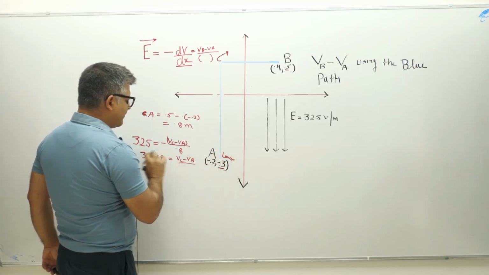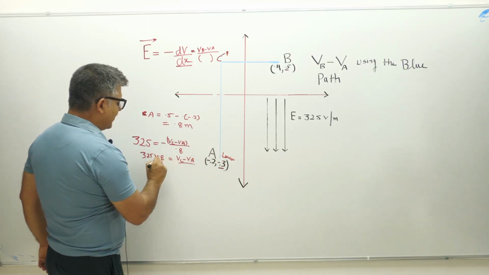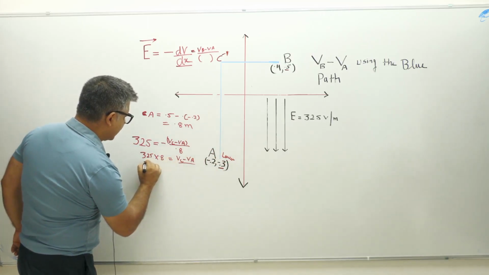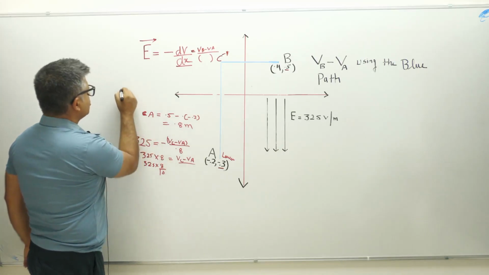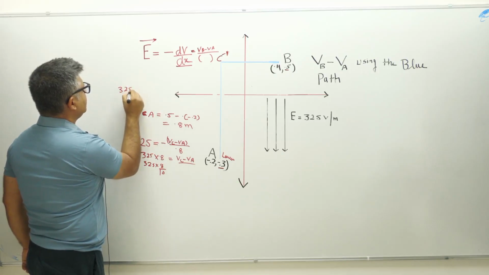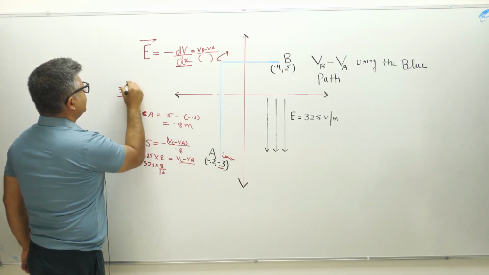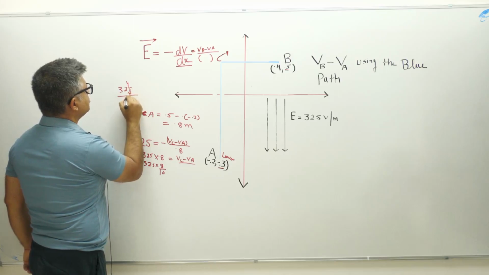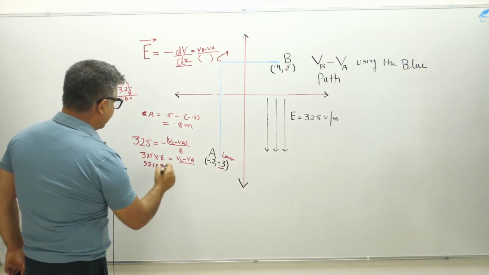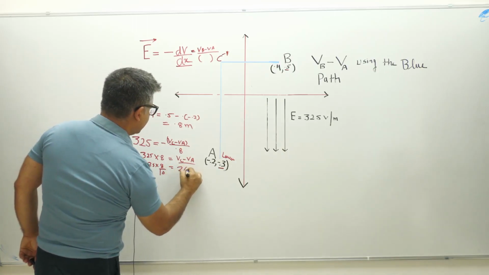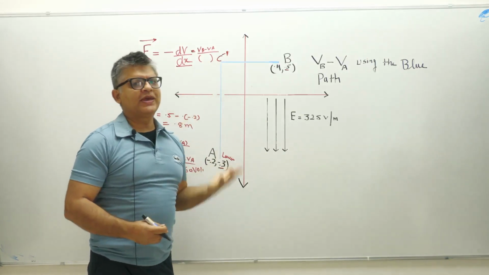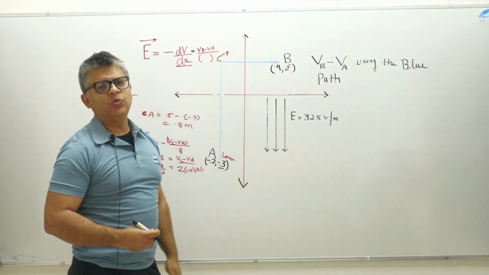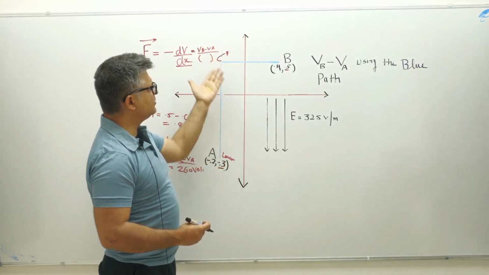So whatever value I get, 325 into 0.8, let's calculate it. 325 into 8 by 10. 325 into 8 is 2600, so what you get here is 260 volt. So as you move from A to C, you gain a potential of 260 volts. Okay, 260 volt is your gain.